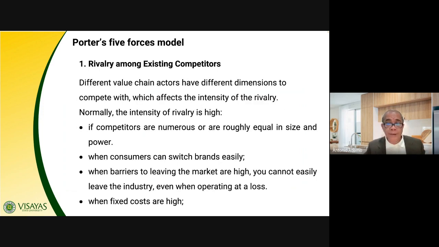In rivalry, we also need to see how customers can switch brands or products. Is it easy, or is it very sticky? If it is easy, then why? And what strategy can hold customers very long?